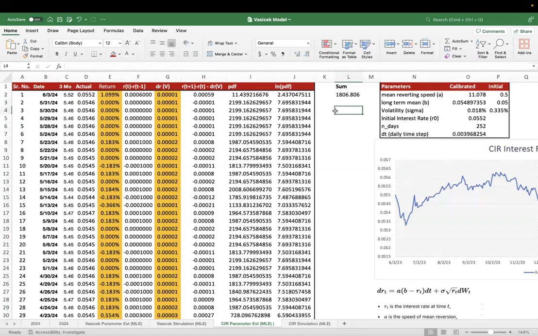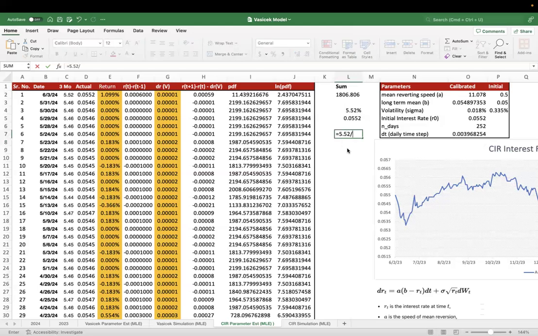If I write 5.52% or if I write 0.0552, it's the same thing. Why? Because if you divide this by 100, it will give you this value. Just think, what is 5.52%?